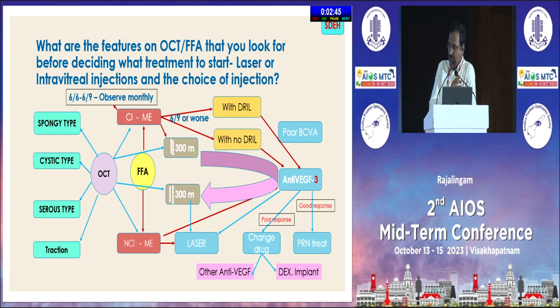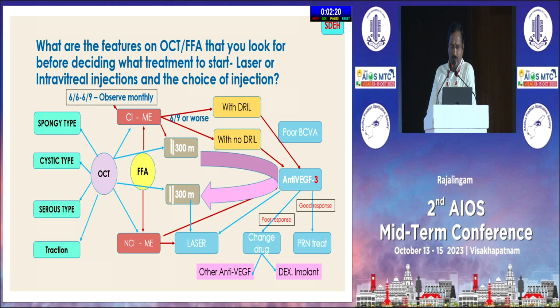This chart shows central macular involvement and non-central macular involvement. When central macular involvement is there, you have to see the visual acuity; if 6/9 or worse, you have to go for anti-VEGFs. At the same time, if OCT shows more than 300 microns, you should always choose anti-VEGFs.